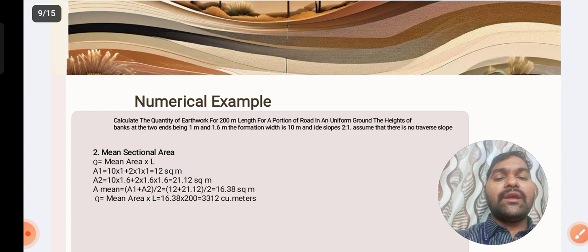So that mean area is equal to (A1 plus A2) by 2, and we are getting 16.38 square meters, because area units are square meters only. Quantity units are always meter cube. So Q is equal to mean area into length, that is 16.38 multiplied with 200, we are getting 3312 cubic meters.